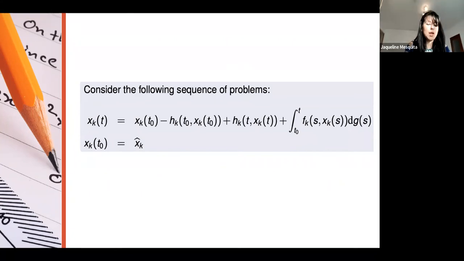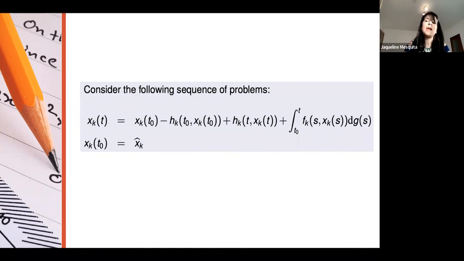Also, we needed to apply a Gronwall inequality, but not the usual one, rather the one for Stieltjes integrals. So using that, we can prove these types of continuous dependence results.